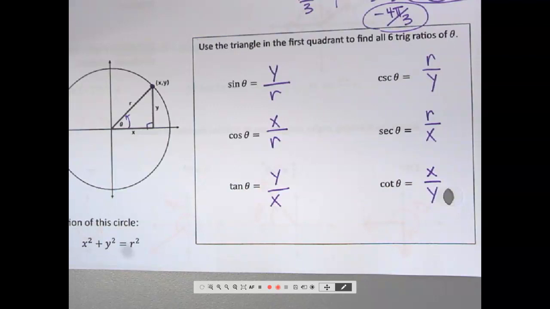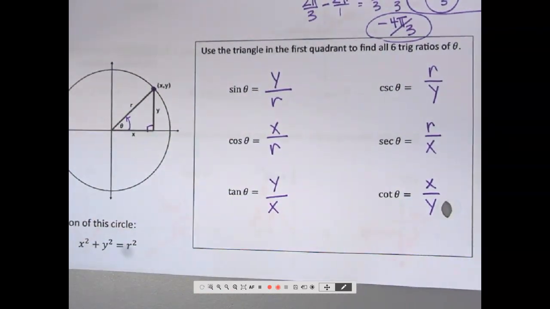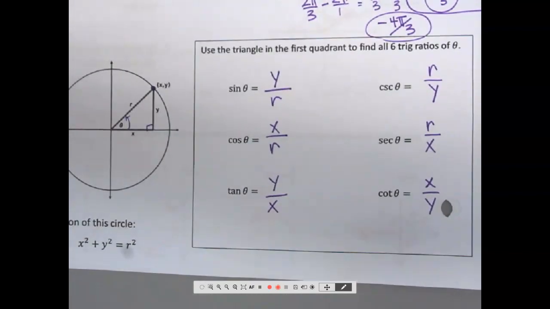Make sure you're copying it correctly from your notes or from up there. That's the only thing we're adding. So once you get that, you can put that back in your sheet protector. But keep it out on your desk because we'll be using it.